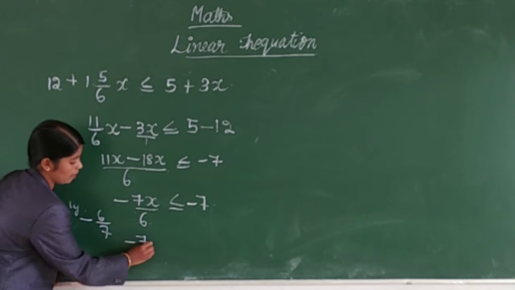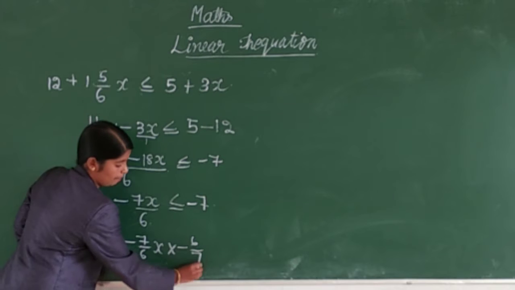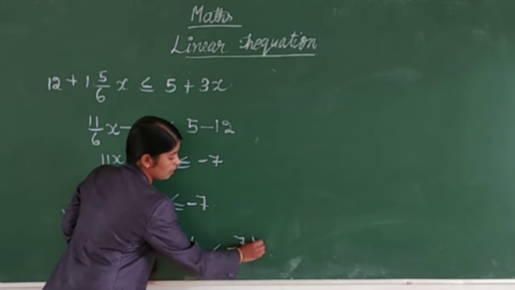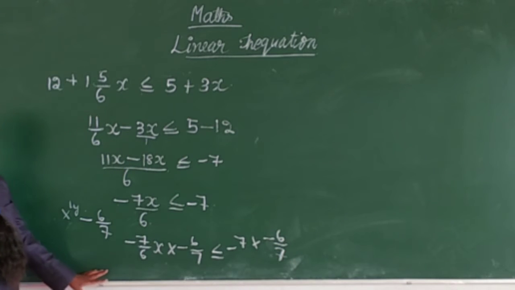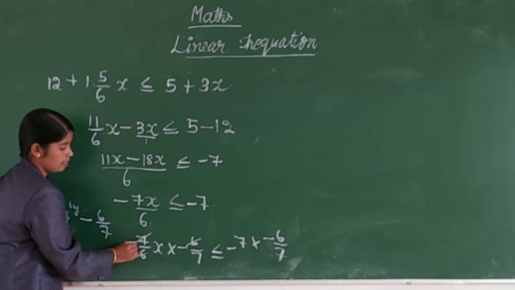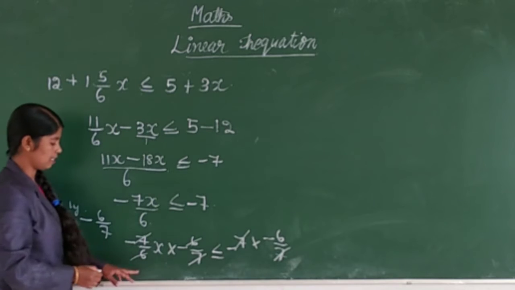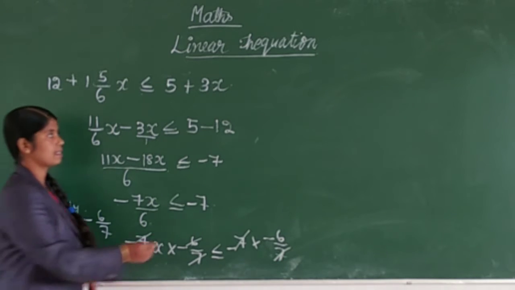So minus 7 by 6x into minus 6 by 7 less than or equal to minus 7 into minus 6 by 7. Any doubts here? Then 6 and 6 get cancelled. 7 and 7 get cancelled. Here also 7 and 7 get cancelled. In the side we have minus into minus plus x.